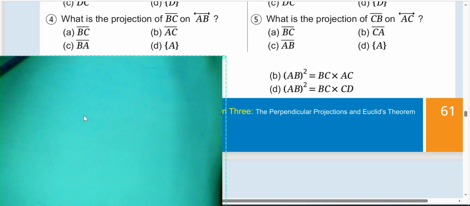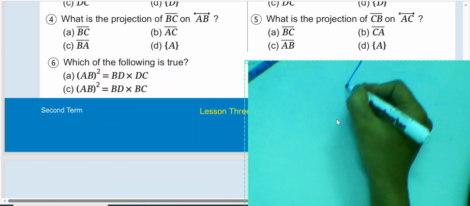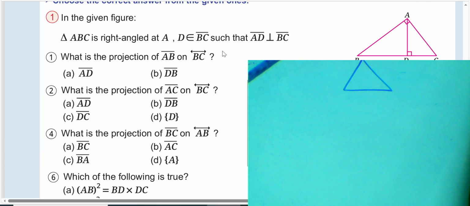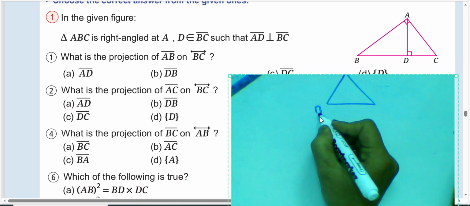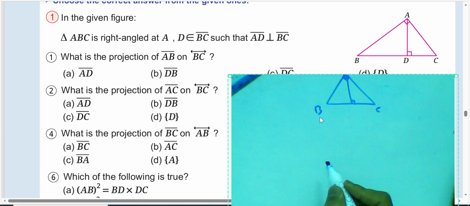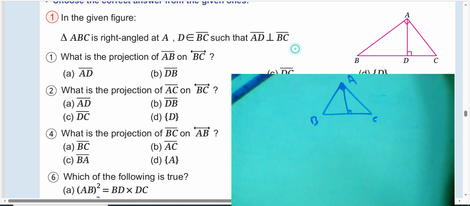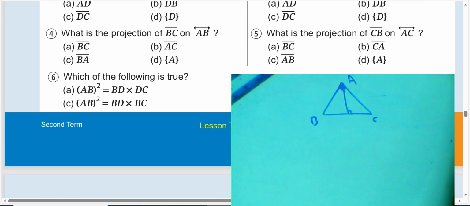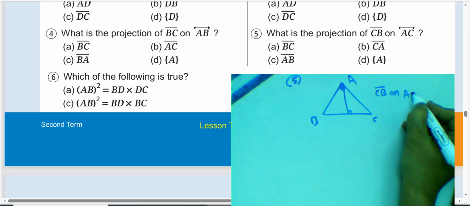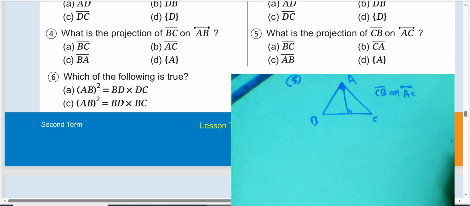Okay, what is the projection of CB on AC? We have a right angle triangle ABC here, and we have also D here, perpendicular. I solve now question number 5. We want to find the projection of CB on AC. Look, CB here on AC.